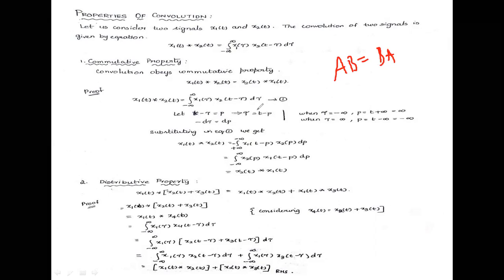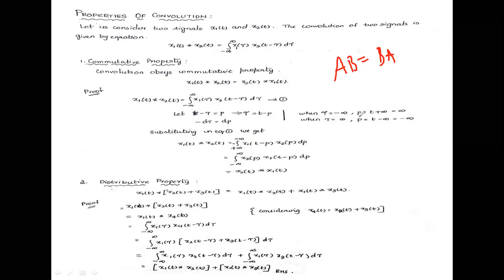Here t is a constant, and tau and p are variables, because we are changing the limits from tau limits to p limits. So d tau is equal to minus dp.